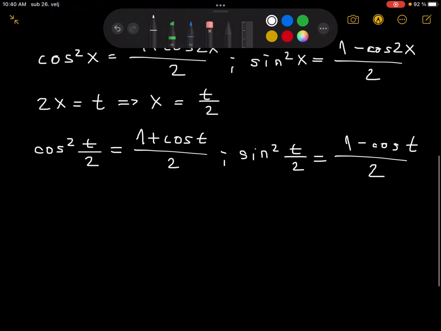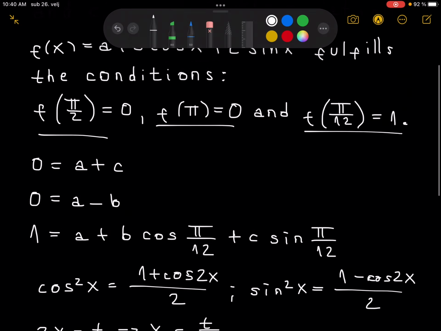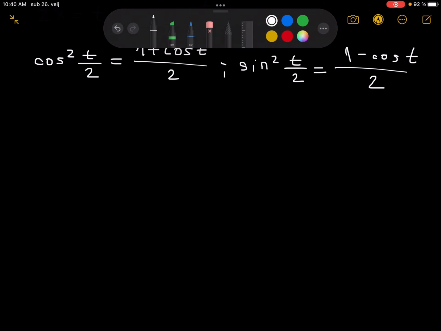Okay, now that we've got that covered, why did I write this? Well, notice that pi over 12 can be rewritten as pi over 6 and everything over 2.